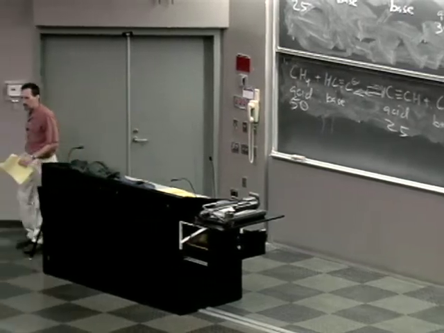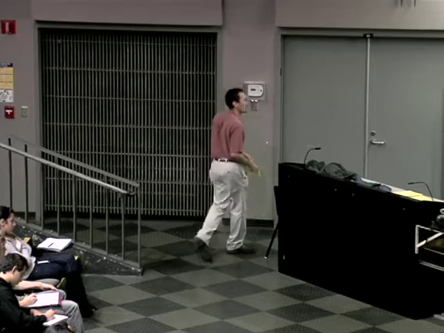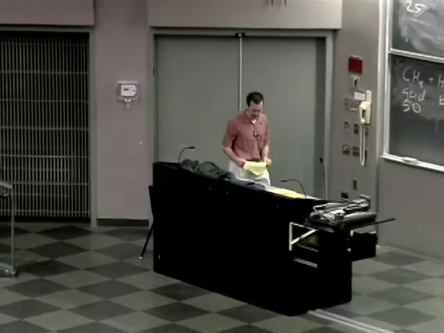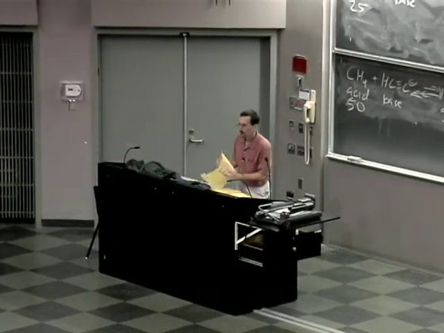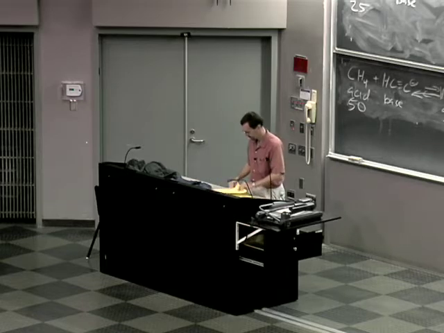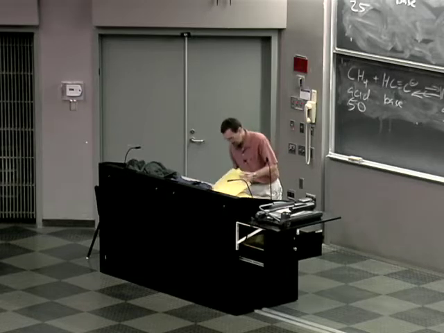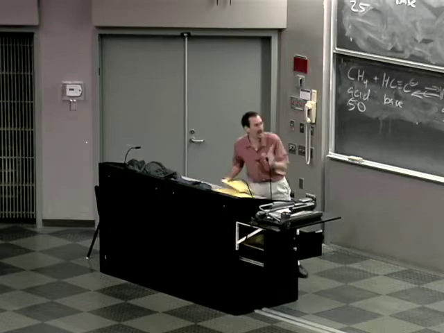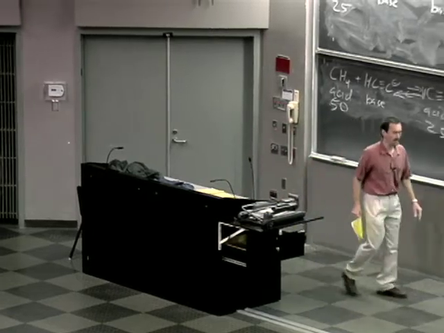If I took my sodium acetylide and I bubbled methane in, just as we had in water, we would have essentially no deprotonation of our methane by acetylide. I'll tell you a little bit more about how I can make those statements in a moment.